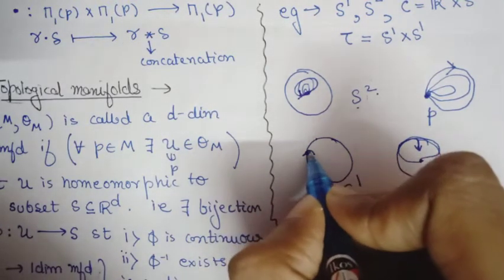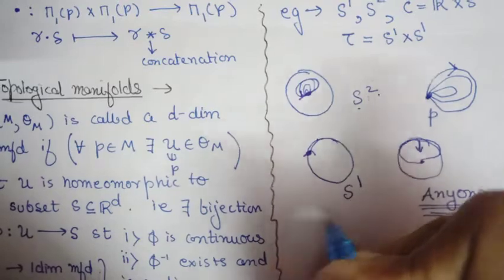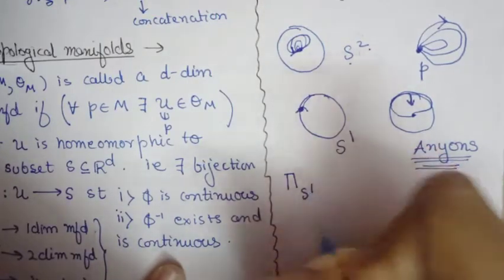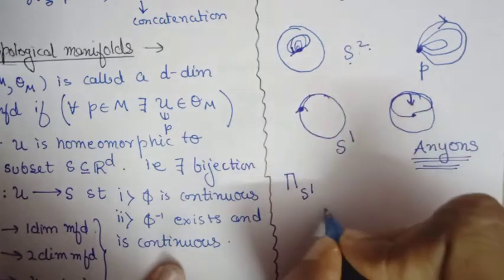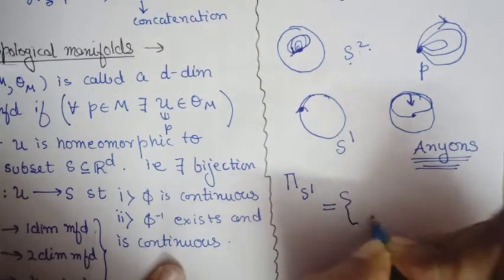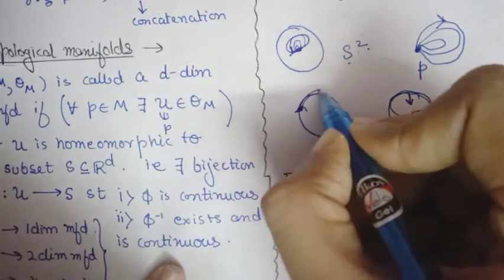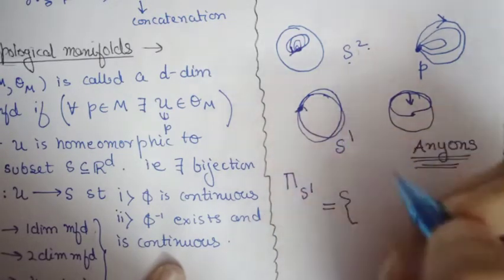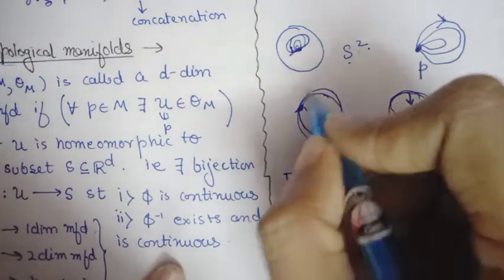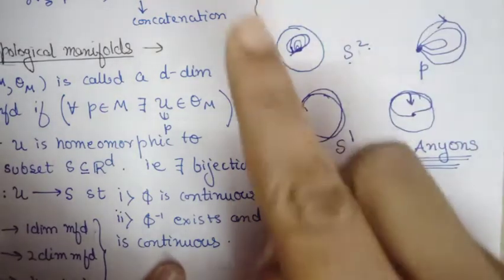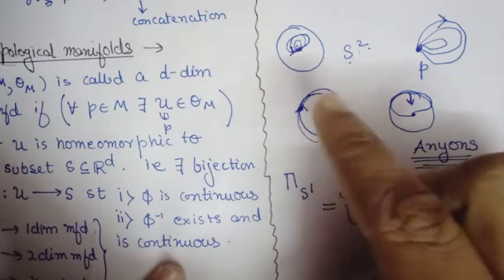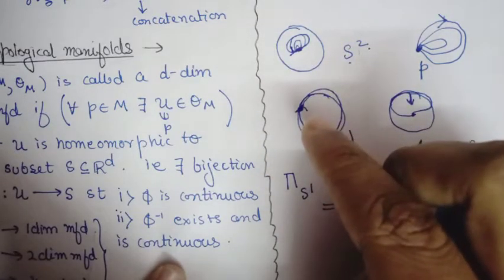In fact, the point is the fundamental group denoted by pi of S1, of the circle, is of this form, if you see. So if I go around clockwise around the circle one time, that is one loop. If I go 2 times, that is 2 loops. If I go 3 times, that is the 3rd loop.